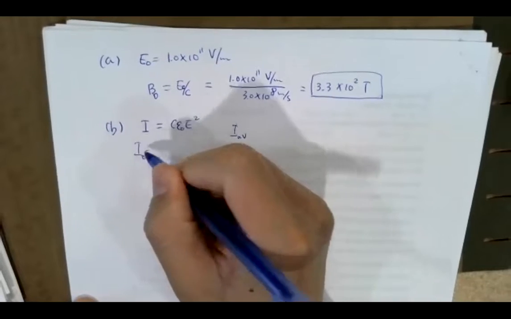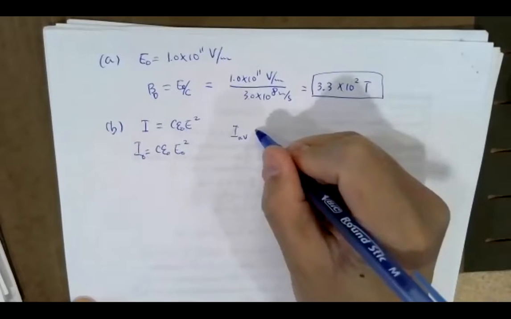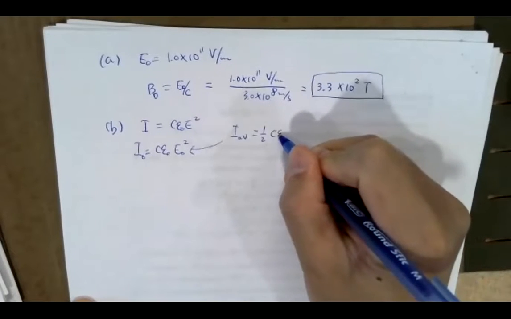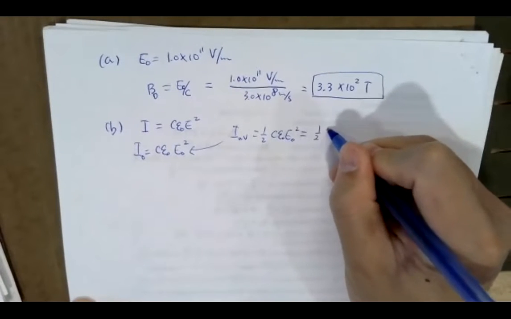The maximum intensity will be c epsilon 0 times E maximum squared, and the average will be 1/2 of the maximum: 1/2 c epsilon 0 times E0 squared.